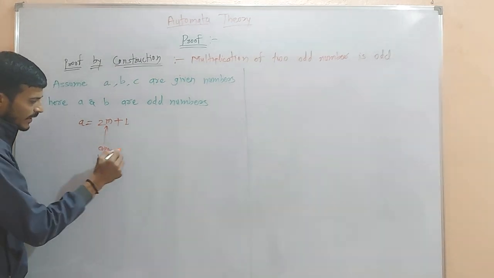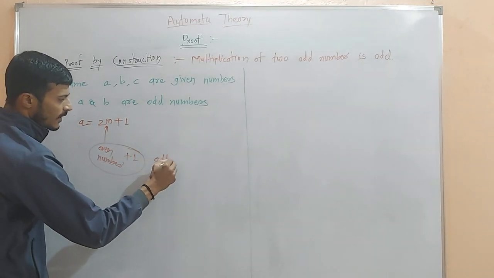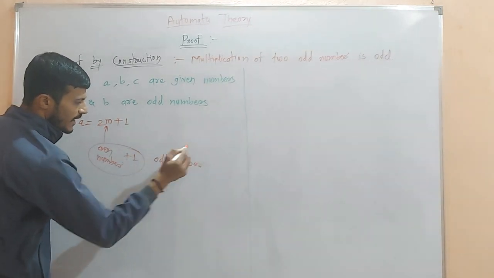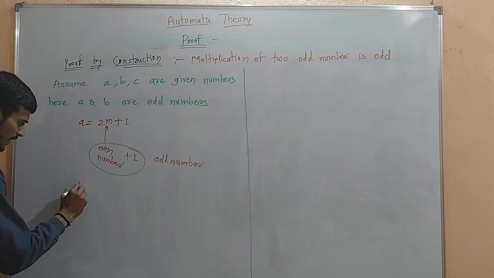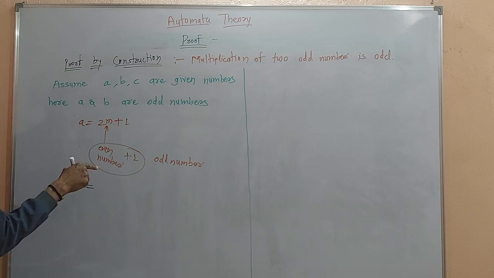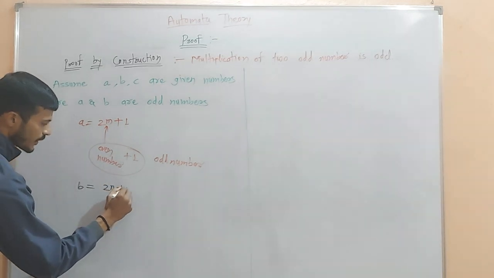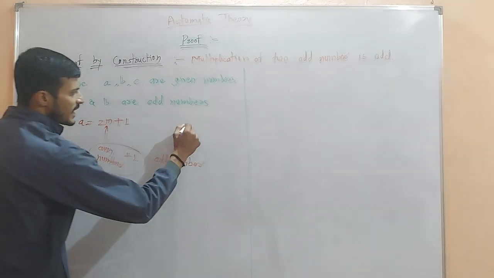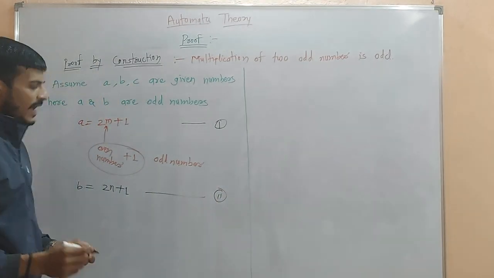Even number plus 1, so the whole will be an odd number. Then with respect to B, I can write B as another odd number, which is nothing but 2n plus 1. Clear? That is equation number 1, and this one is equation number 2.